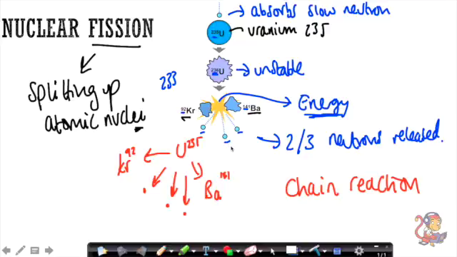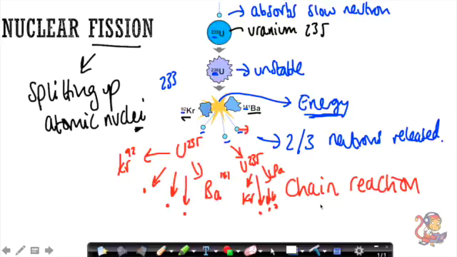Okay, so for example, this one here, you would also go on to show that that would go into a uranium-235 atom, which would then split into your krypton, your barium, and then 2 or 3 neutrons released. And over here, this neutron would obviously go to another uranium-235, and so on and so on.